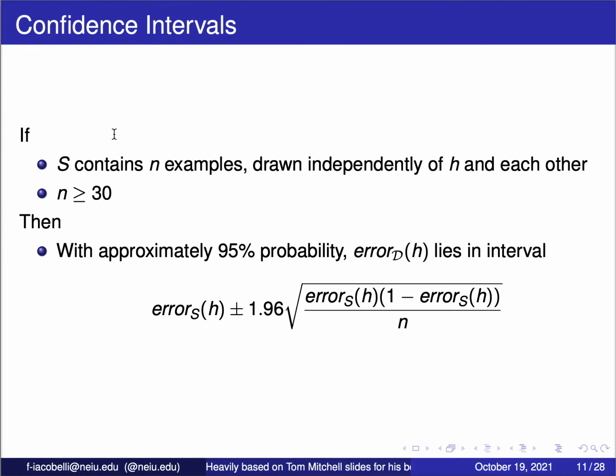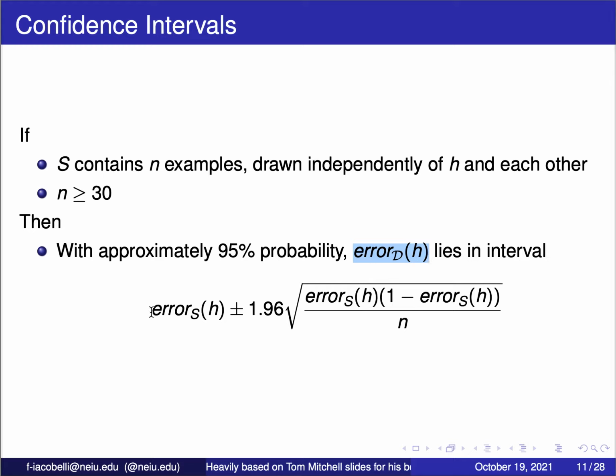Well, for example, if S contains n examples drawn independently of the hypothesis and each other, and let's say that n is greater than 30, we're going to see why these conditions. Well, we can say that with approximately 90% probability, the error of the world lies in the following interval.